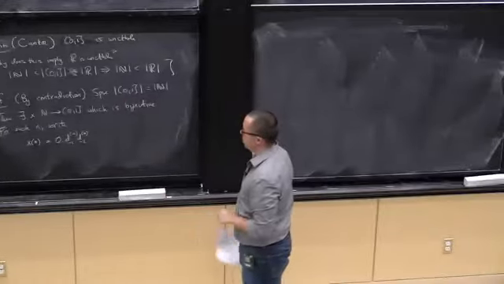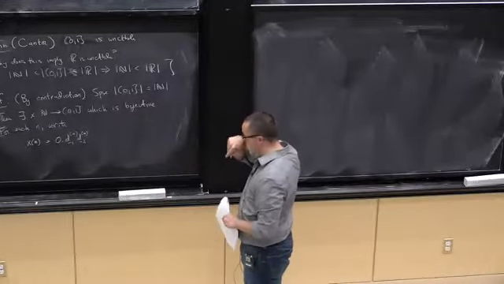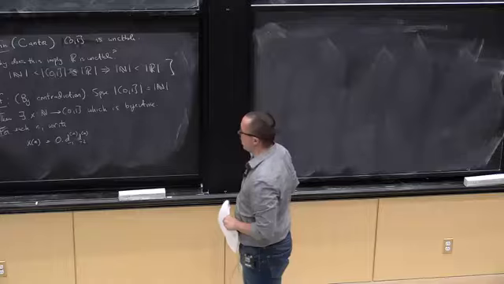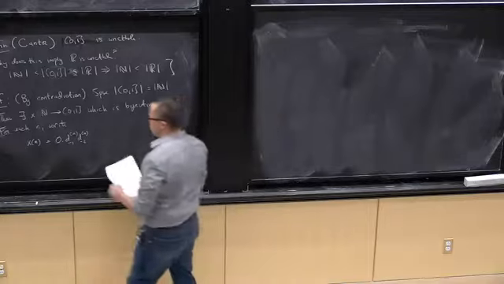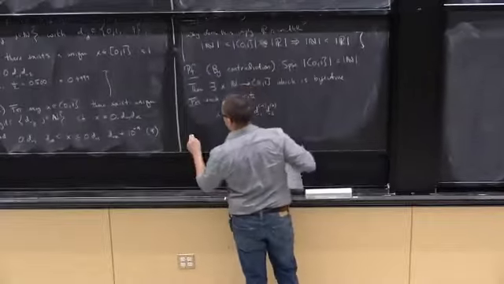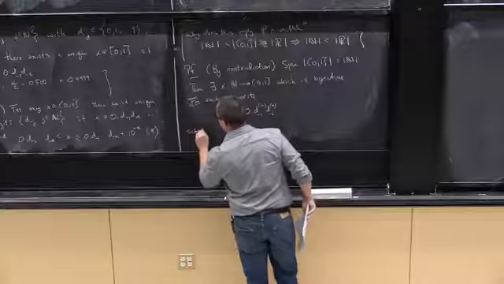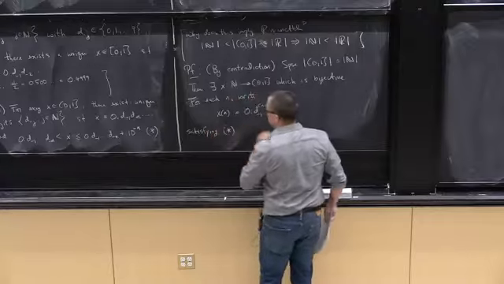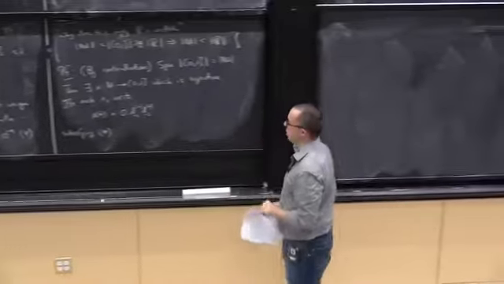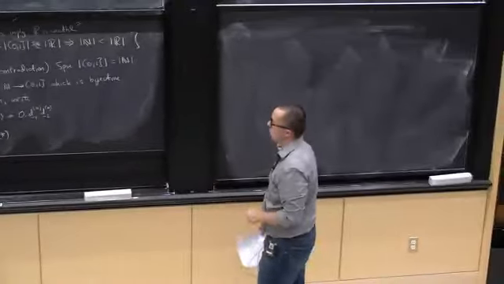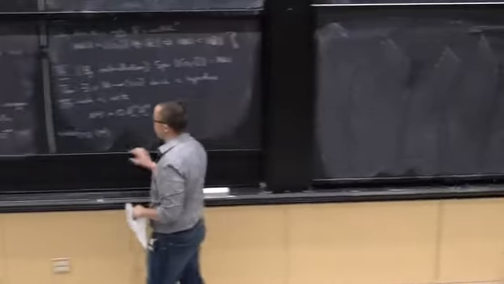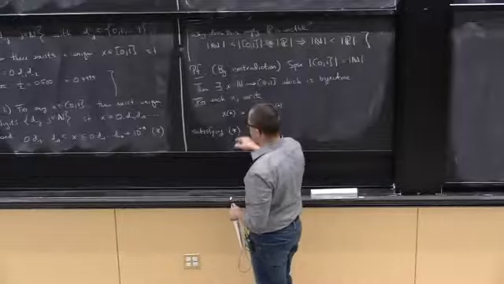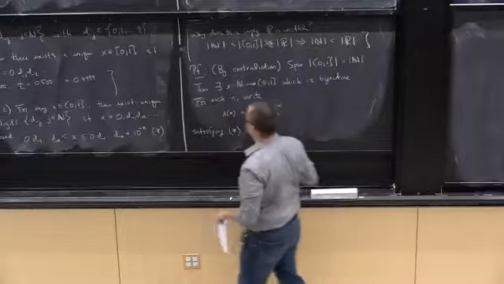So for each n, we write each x of n in its decimal representation satisfying star. So each x in here can be written uniquely in a given decimal representation, satisfying this inequality here.